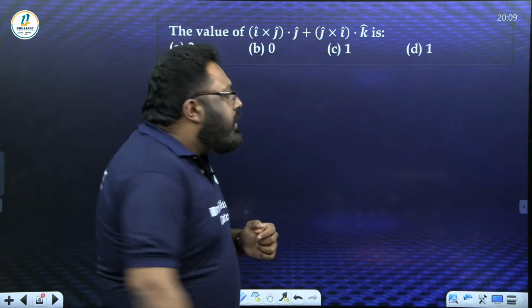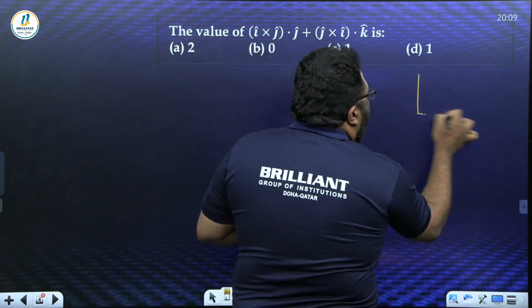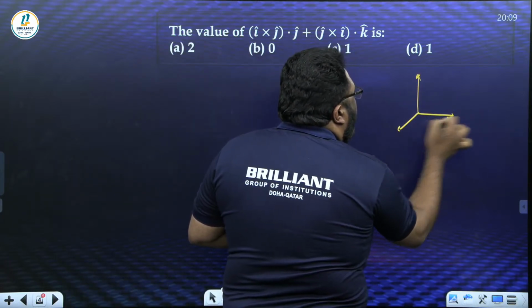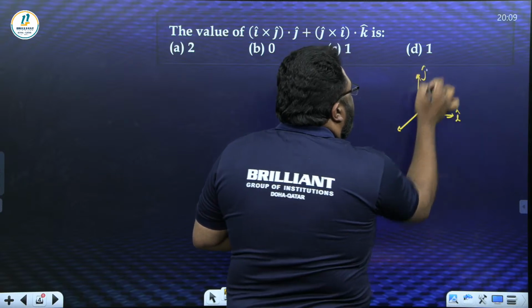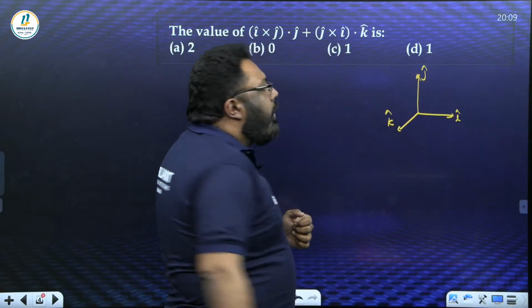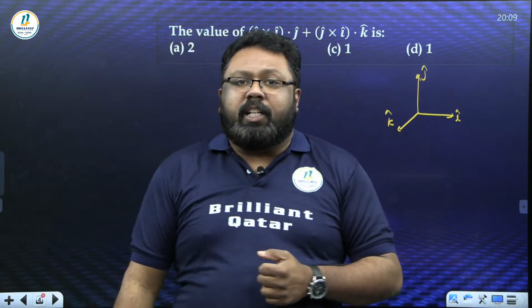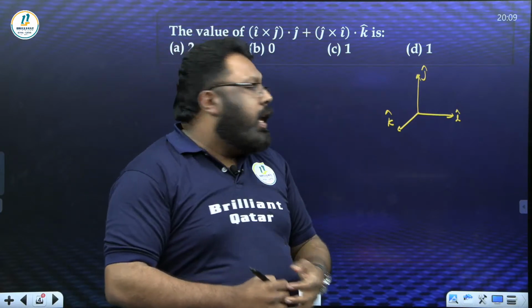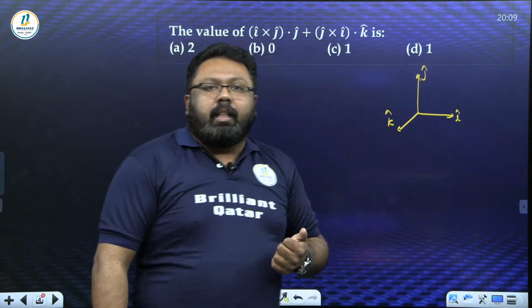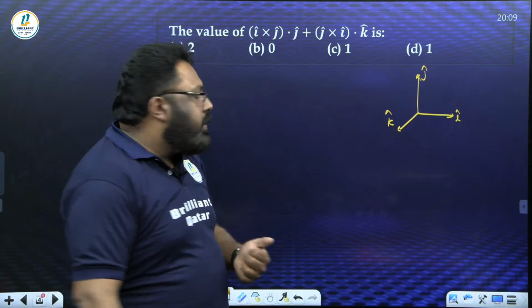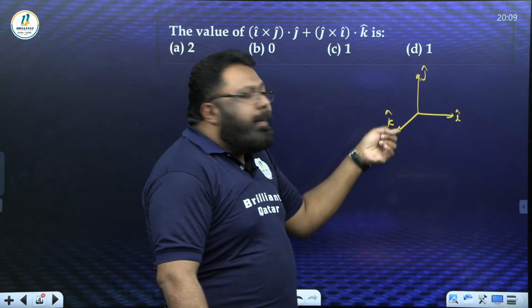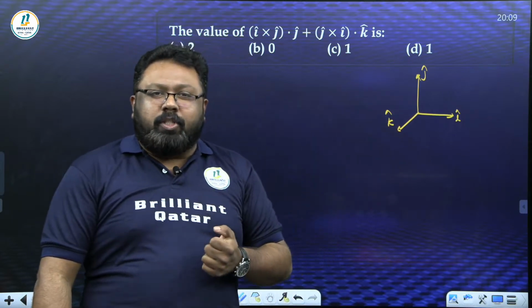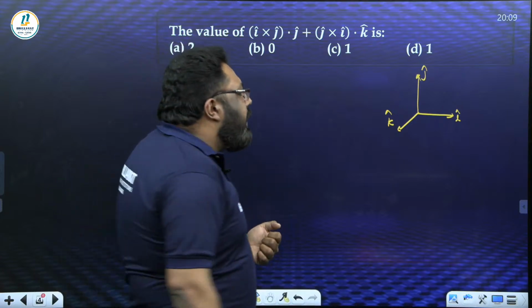i, j, k is a system of mutually perpendicular unit vectors. i represents the unit vector corresponding to the x-axis, j represents the unit vector corresponding to the y-axis, and k represents the unit vector corresponding to the z-axis. So now ijk represents a system of mutually perpendicular unit vectors.